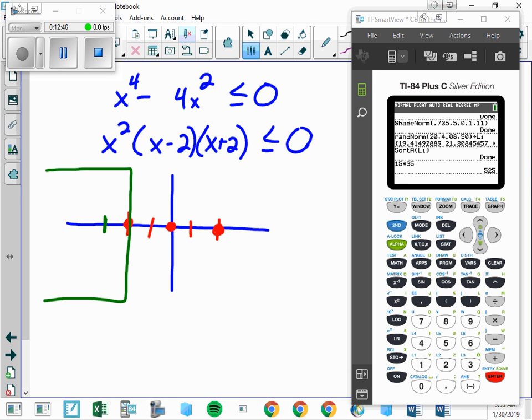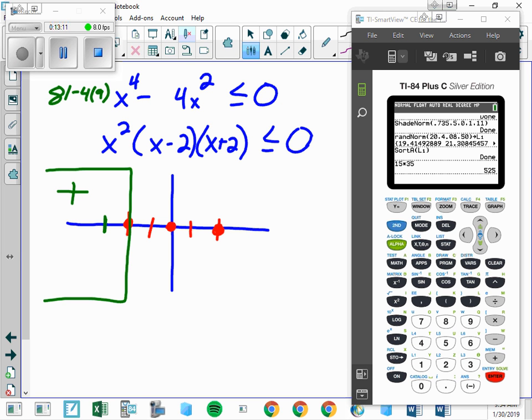So I'm going to plug in -3. -3 to the fourth is 81 minus 4 times 9. And all I care about is that it is positive. So this piece is positive.